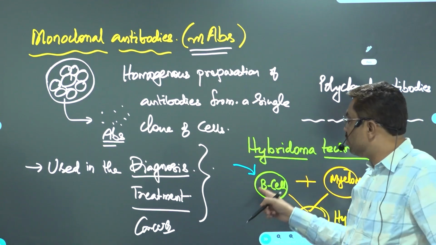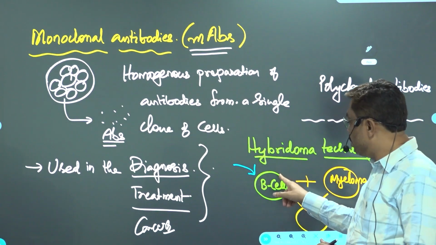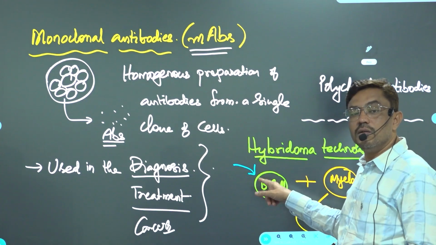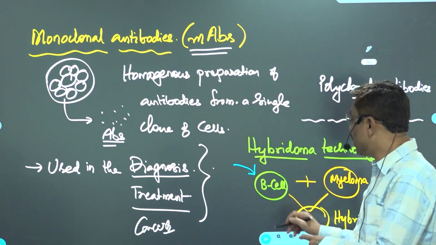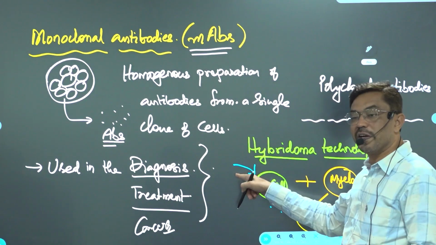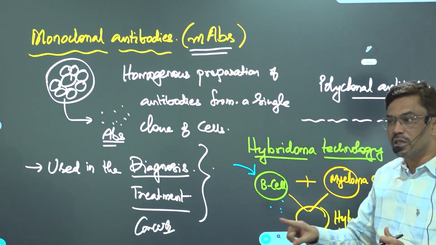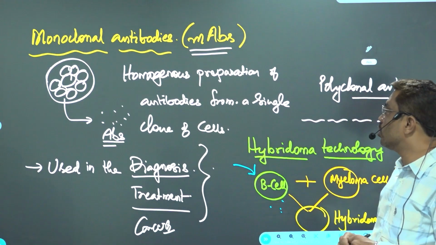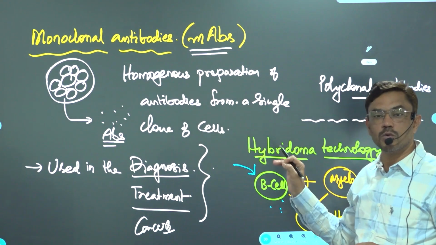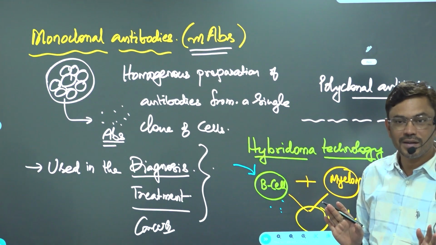When you infect this B cell with the hepatitis B virus in the laboratory, the B cell will be sensitized against hepatitis B. So the B cell can release the antibodies against hepatitis B. In a similar manner, you can raise antibodies against any type of disease. And these type of antibodies you call monoclonal antibodies. Are you following or not?